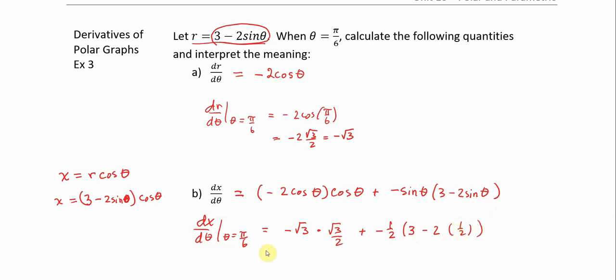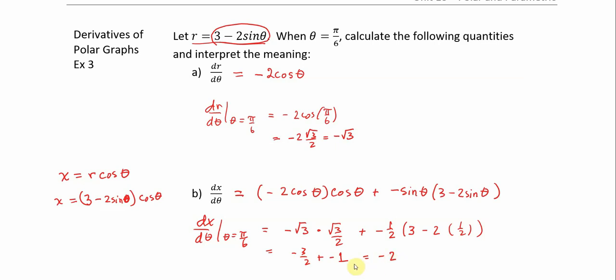So let's work all of this out. Root 3 times root 3 is just 3, so that gives us negative 3 over 2, plus this is 3 minus 1, so that's 2. 2 times negative half is negative 1. So negative 3 halves minus 1 is negative 4 halves, or negative 2.